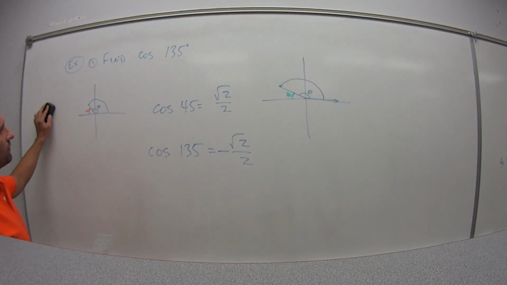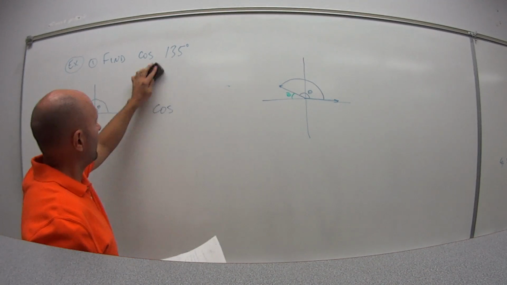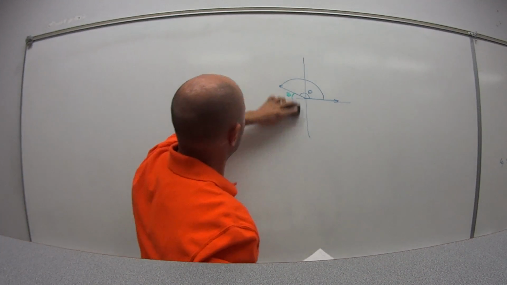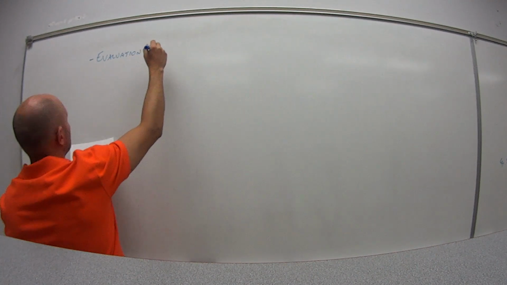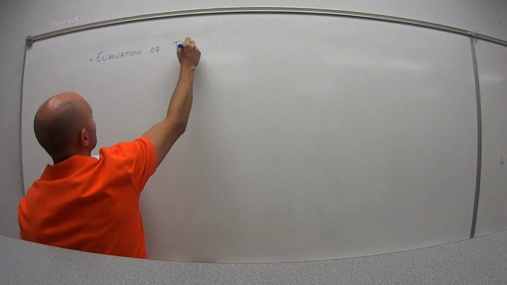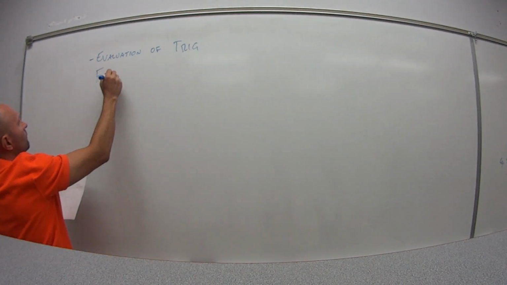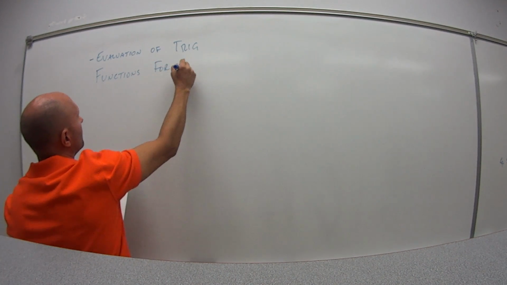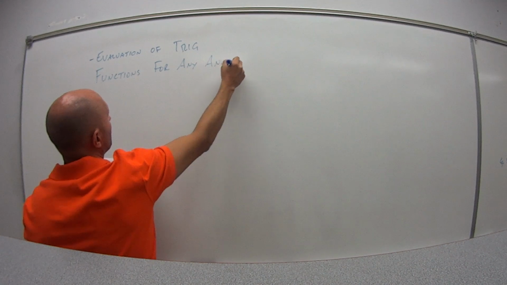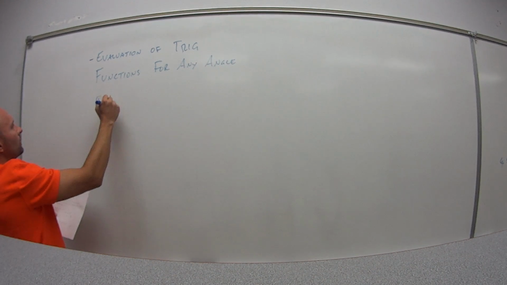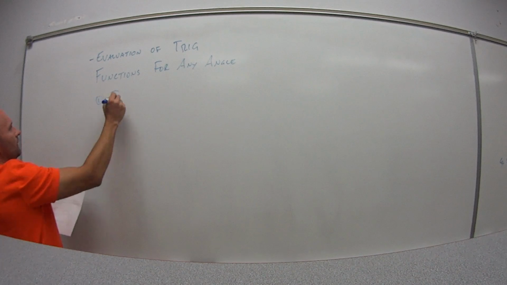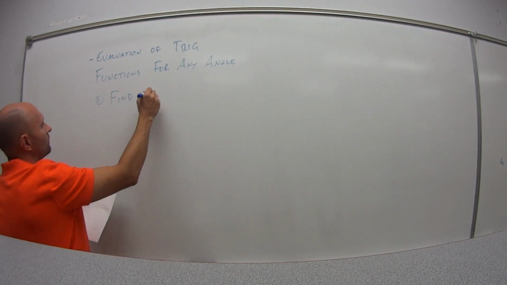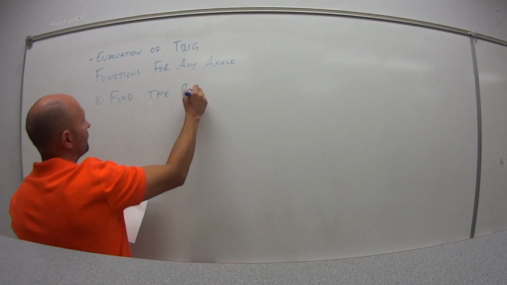We can do this for any angle, using the reference angle to figure out what the measurement would be, and we do the following. Evaluation of trig functions for any angle. The first thing we're going to do is find the reference angle, like the 45 degrees.